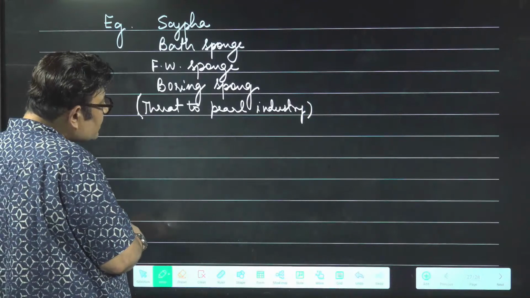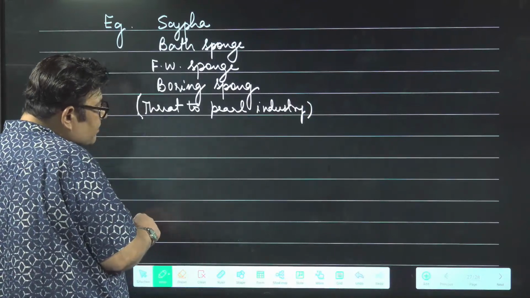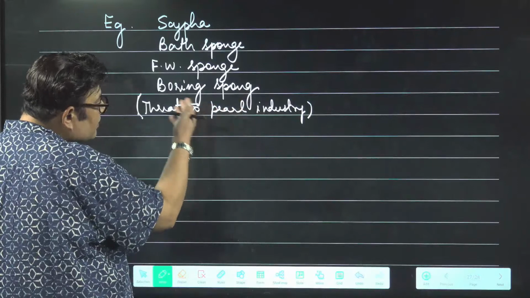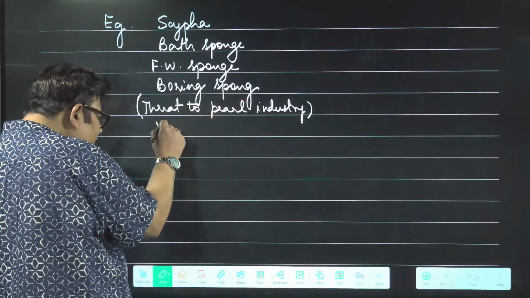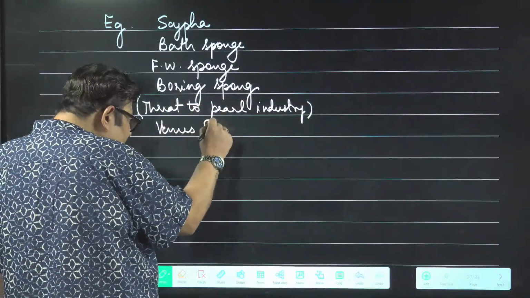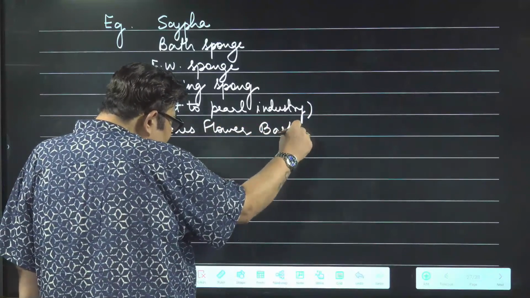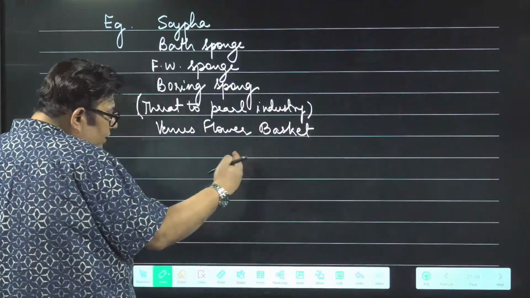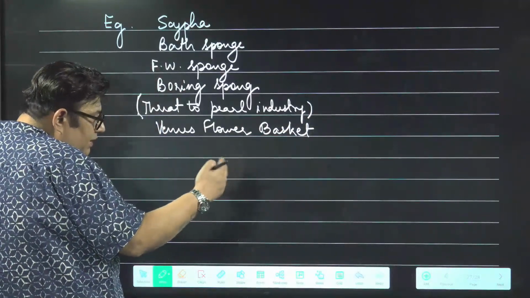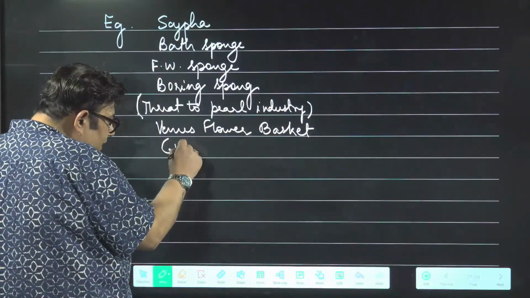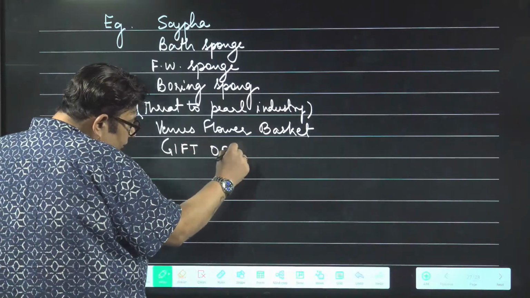Boring sponge, a threat to the pearl economy. Venus flower basket. Flower basket is actually a gift. Venus for beauty. Venus flower basket. This is also called the gift of Japan.